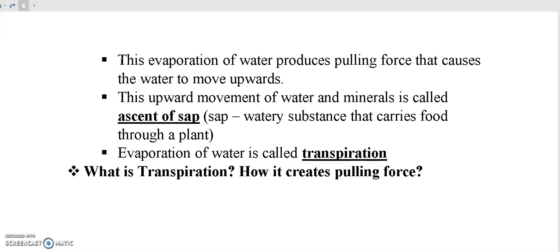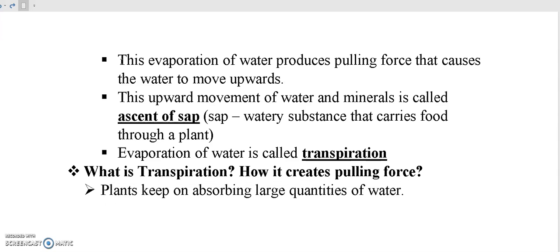So the question is, what is transpiration? We know that plants keep on absorbing large quantities of water because of this transpiration. And all this water is not used by the plant, of course.